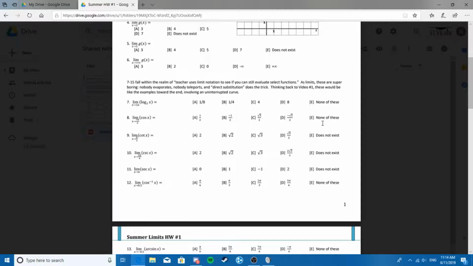So doesn't that work nicely? Making it C.